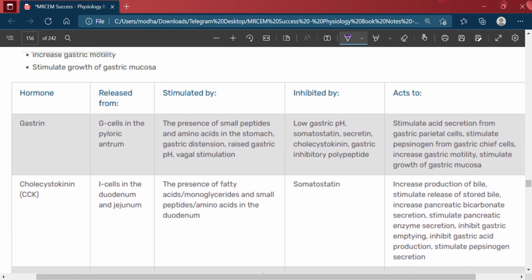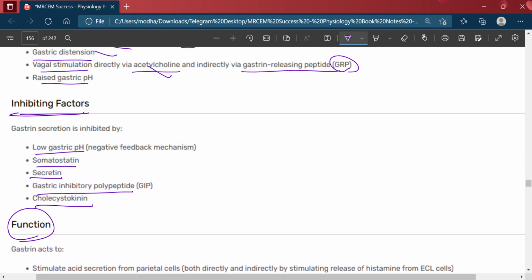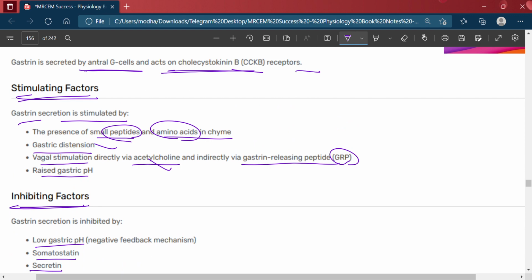The gastrin will act to stimulate acid secretion from the gastric parietal cells, stimulate pepsinogen from the gastric chief cells, increase gastric motility, and stimulate the growth of gastric mucosa. When the pH is high, meaning the acidity is low, it causes increased gastrin secretion.